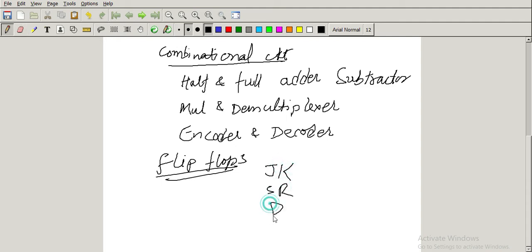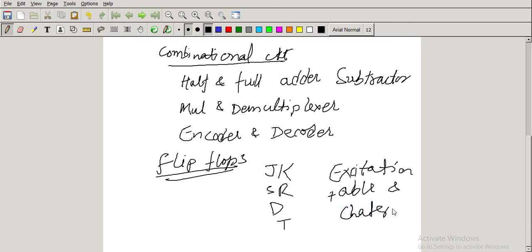So their excitation table and characteristics equation. Characteristics equations can be written using the truth table of these, and using the K-map functions.